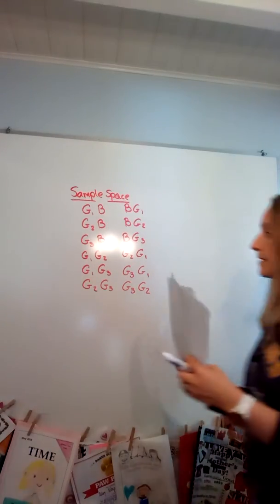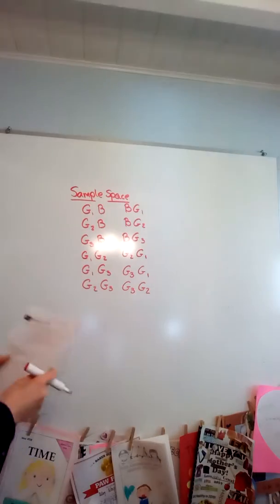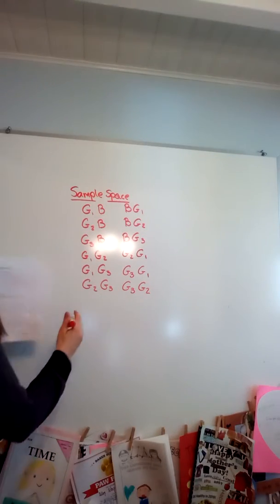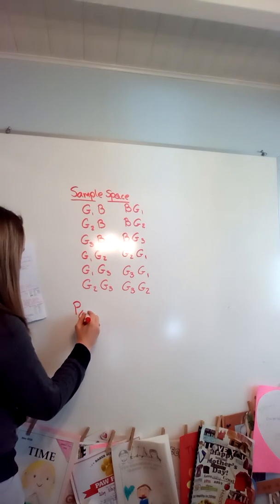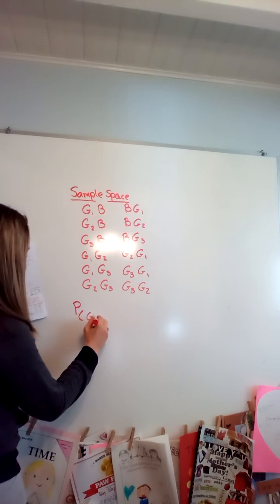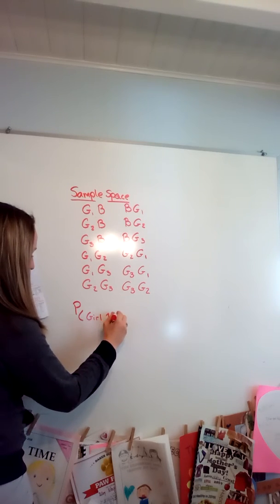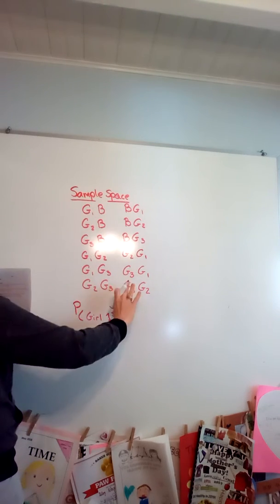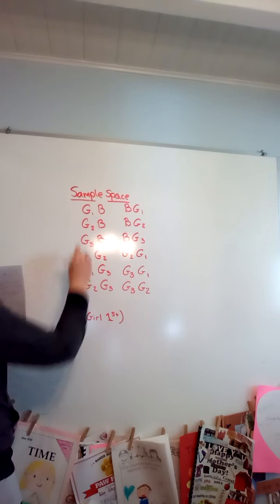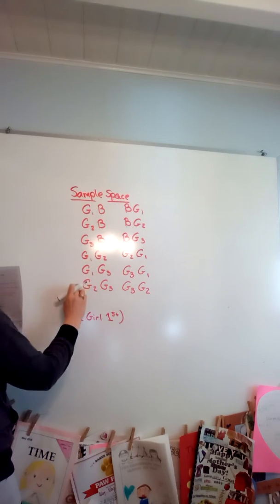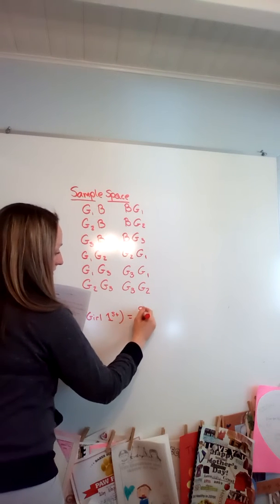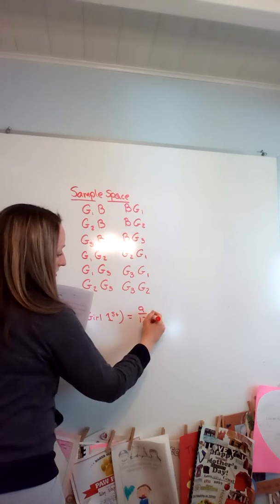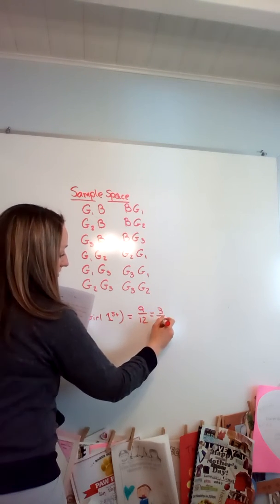All right. So now that we have our sample space, we're going to look at the probabilities. Okay, so the first thing we're going to look at is what's the probability of girl first. Okay, so out of the 12, how many times is a girl chosen first? 1, 2, 3, 4, 5, 6, 7, 8, 9 out of the 12. 9 out of 12. So that simplifies down to 3/4.